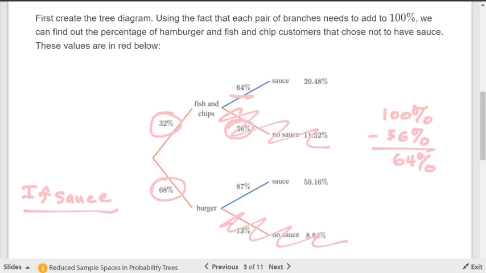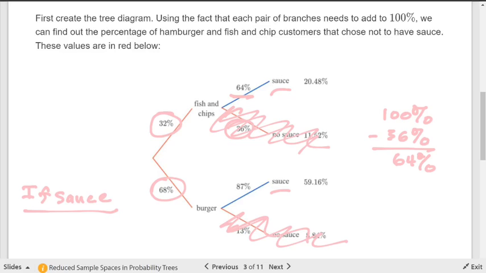I have to use that formula. Yeah? Okay. Now, excuse me. So there's our tree diagram. Everybody happy with it? And the fact that we're considering only the sauce ones is what's restricting our problem.